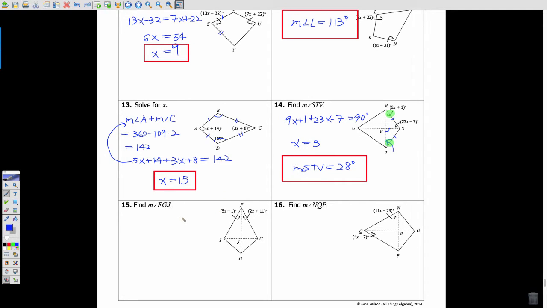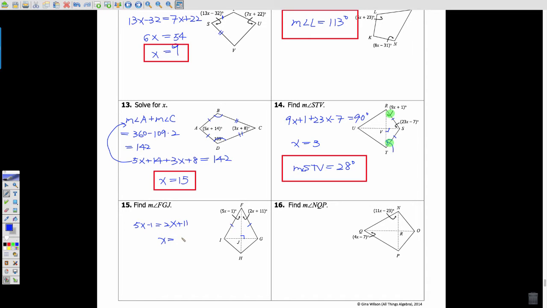Finally, the last one. Again, we said that in the kite, the diagonals are perpendicular, and looking at this triangle, this is isosceles triangle FIG, right? If I have an isosceles triangle, that means this is my perpendicular bisector, and this diagonal also bisects this angle. So the setup is 5x minus 1 equals 2x plus 11.